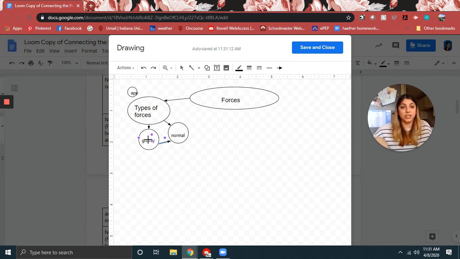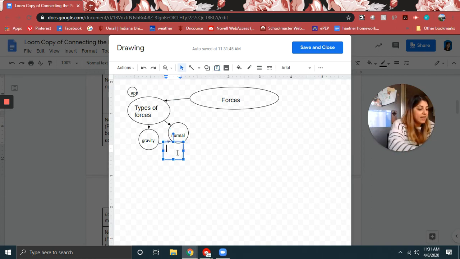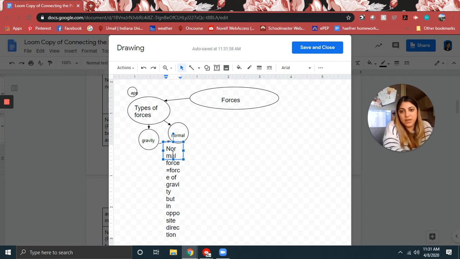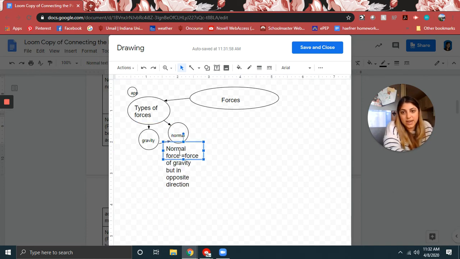And that is actually Newton's third law, which we did not necessarily have to go over. But I would then put a text box over by this arrow and say that the normal force is equal to the force of gravity, but in the opposite direction, right? So that would be how these are connected, and I would want to include that in here.